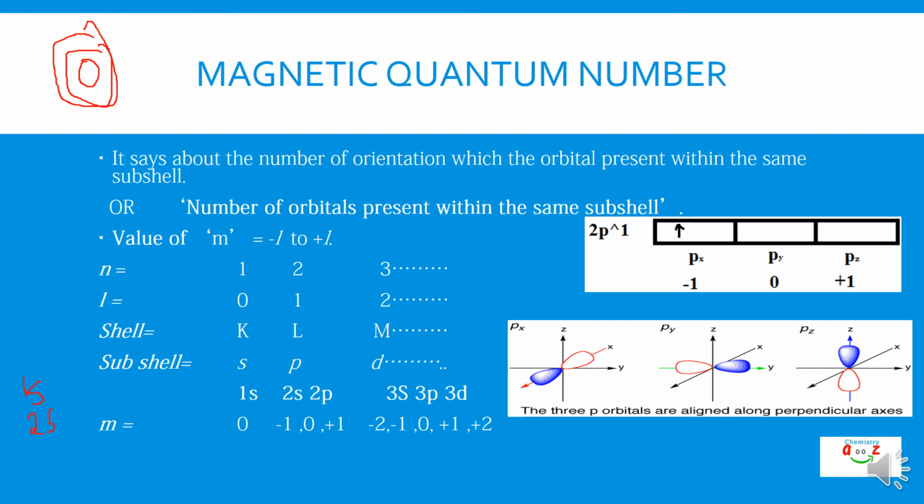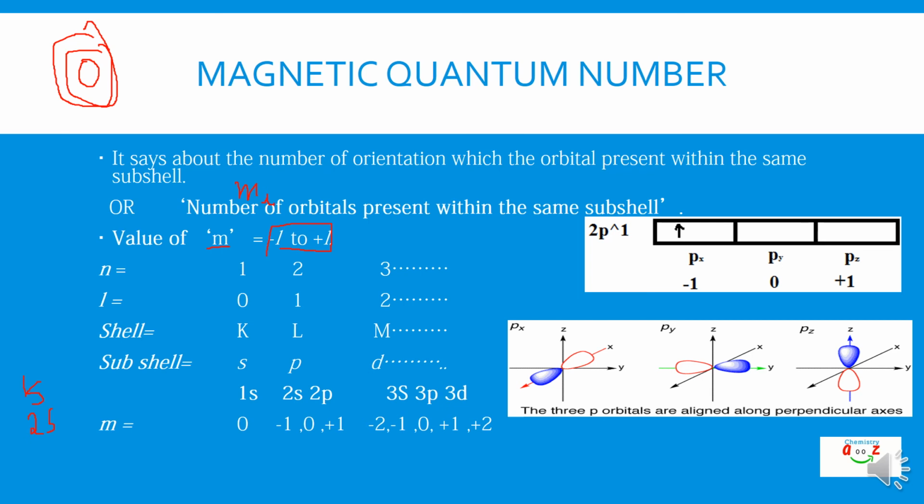Now what about the magnetic quantum number? Magnetic quantum number is denoted by small m, or you can say m and l. It is also known as magnetic orbital quantum number, and the value of magnetic quantum number is -L to +L.